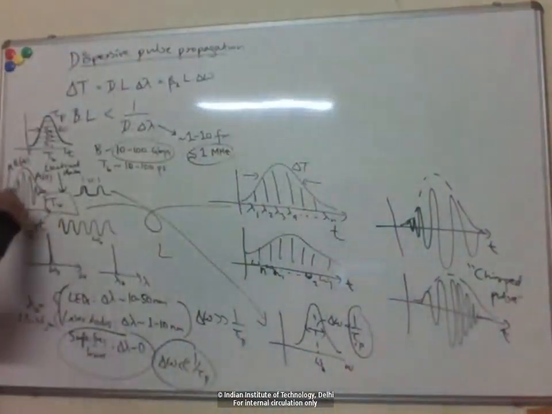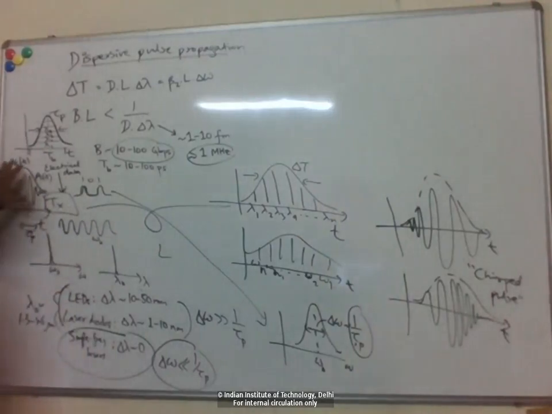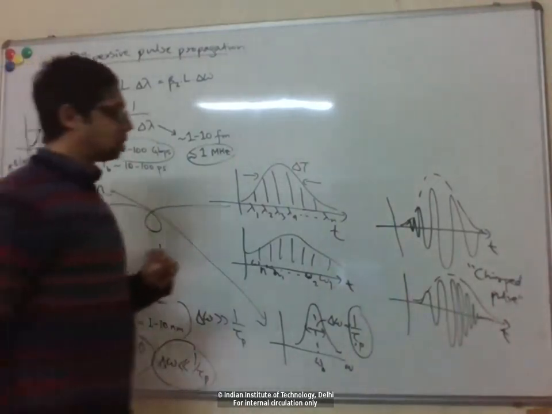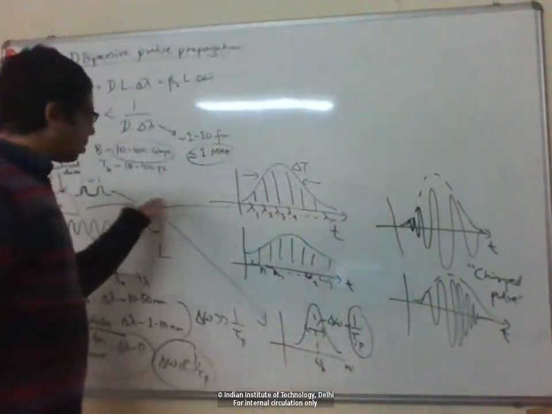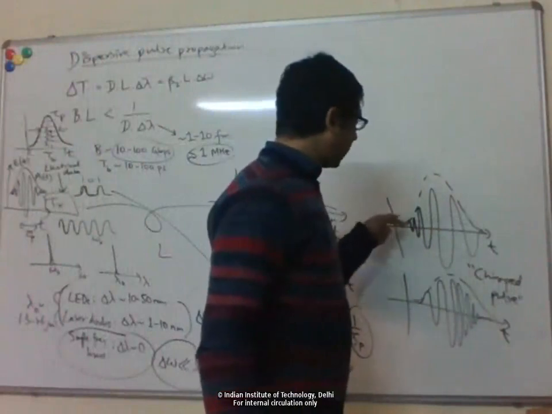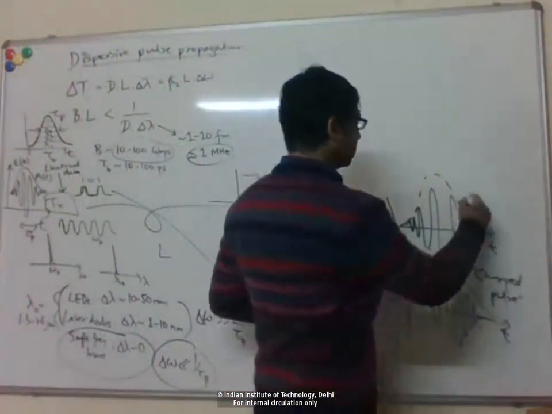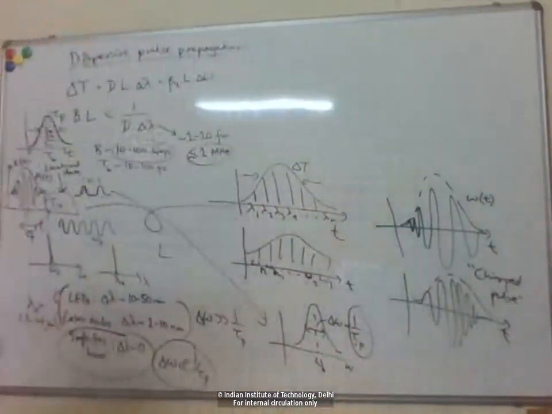A pulse where the carrier frequency does not vary within the pulse is an unchirped pulse, also known as a transform limited pulse. When such a pulse travels through a dispersive medium, at the output you get a chirped pulse, where the instantaneous frequency is a function of time, either increasing or decreasing.